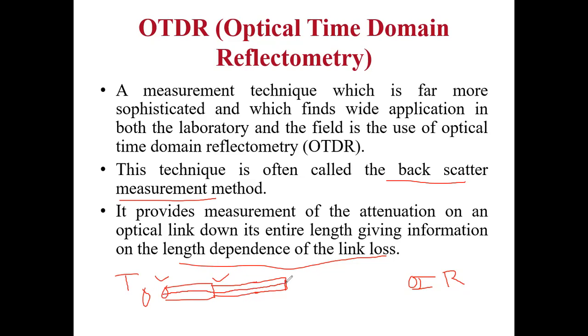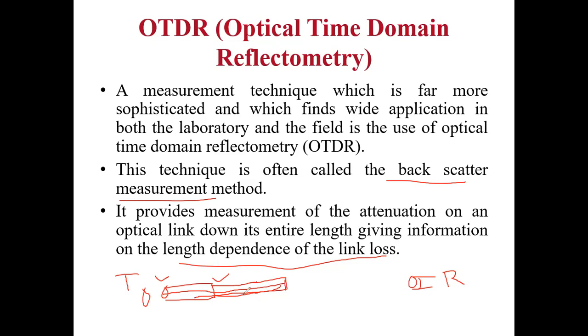As I'm launching the light into the fiber, from the point where there is a cut or a bend, the light is reflected back and comes towards the generator end or the transmitter end. Now I will not allow it to reach the source, the laser source or whichever source I am using. So we will measure this backscattered light.